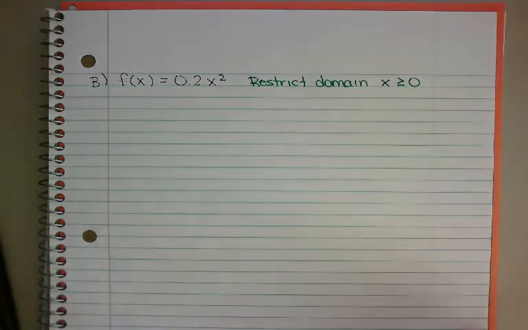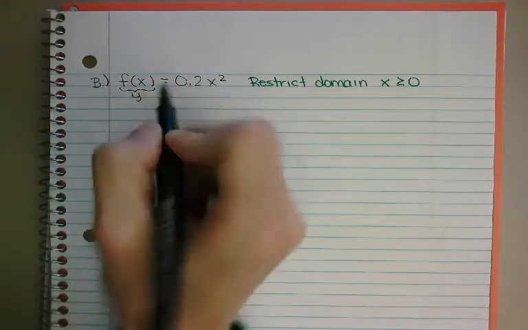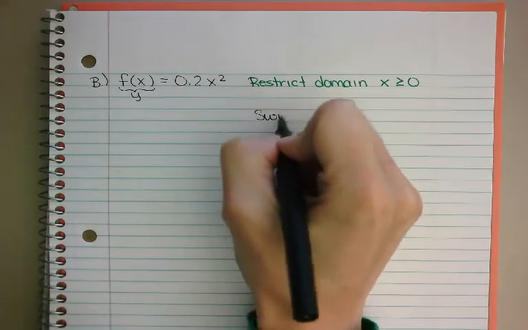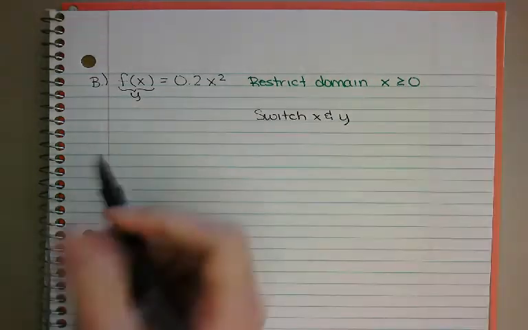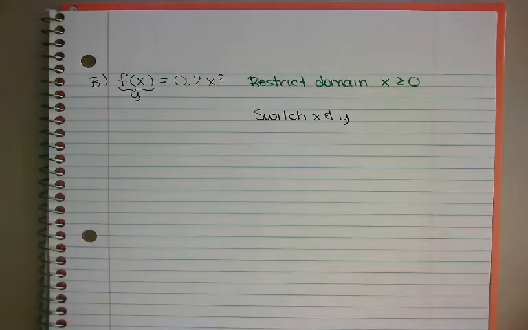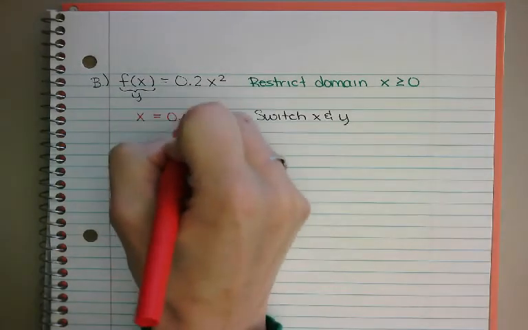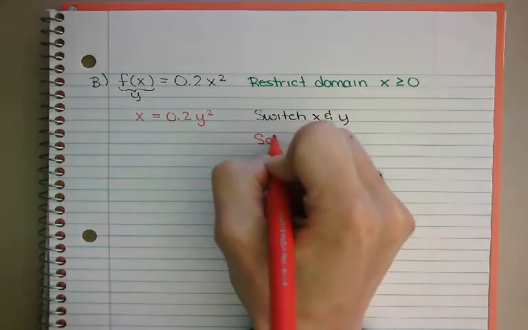And now I'm going to, first of all, remember that this is a y, and now I'm going to switch the x and the y. So that's going to give me, instead of y equals, x equals 0.2 y squared. Now I'm going to solve for y.